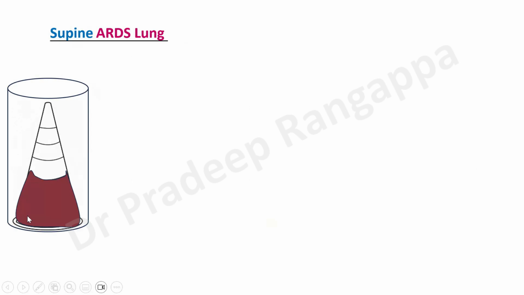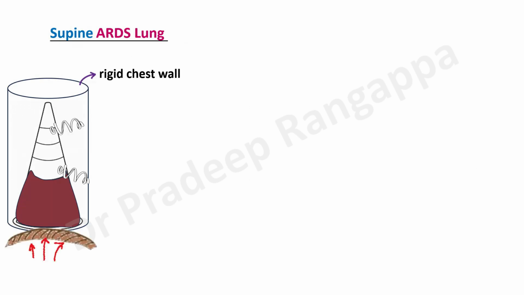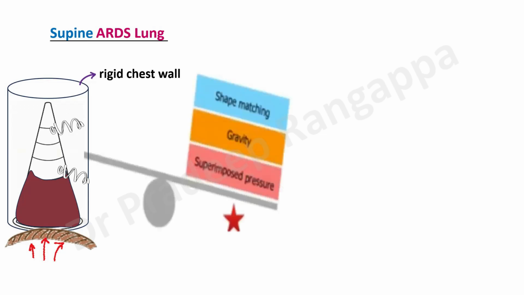The basal part is the significant part which participates, and there are these elastic forces. So you are conceptually looking at the lung as an elastic structure within the rigid chest wall, and the shape matching happens even under the influence of diaphragmatic movement and the effect of the abdomen on the diaphragm. This is what we understand conceptually as shape matching.